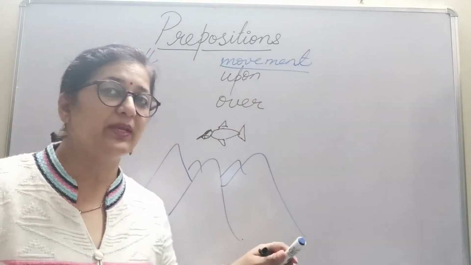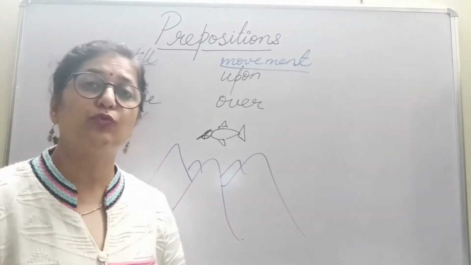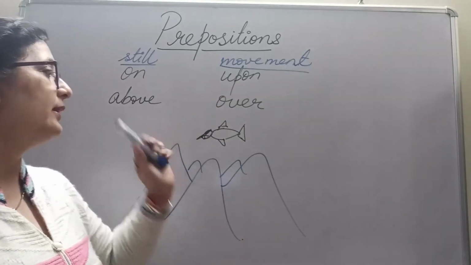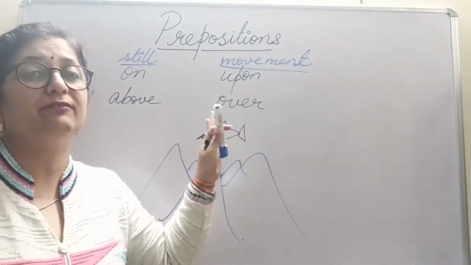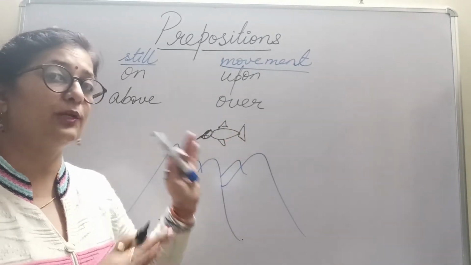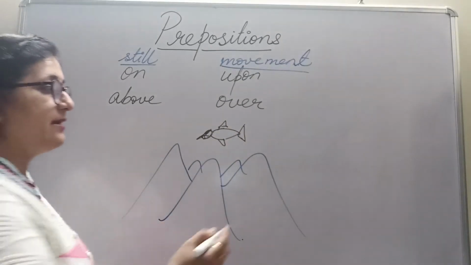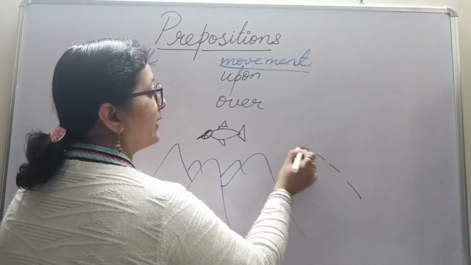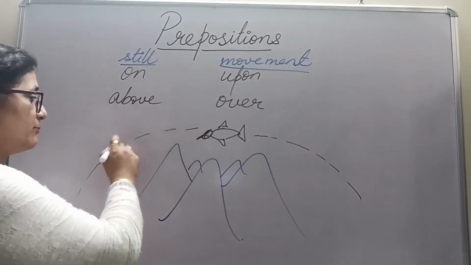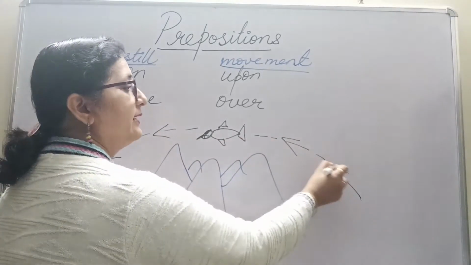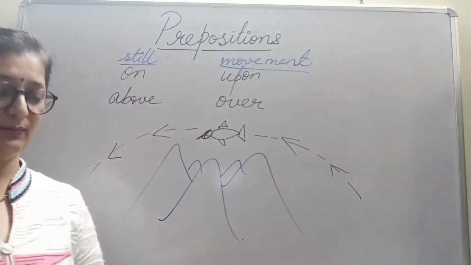It's flapping its wings and it's still there. It's not in movement. So we use the word, the bird is above the hills, above the mountain range, right? But if the same bird is flying over the mountains, it's movement, it's not in one place, it's flying over the mountains.